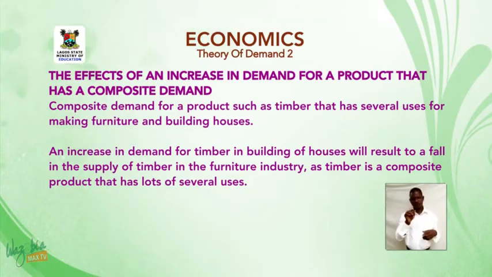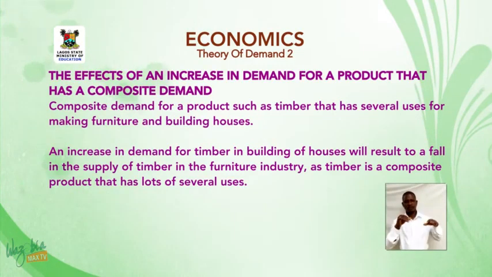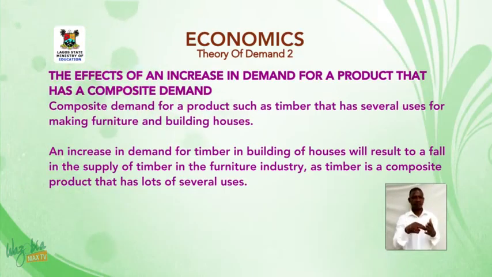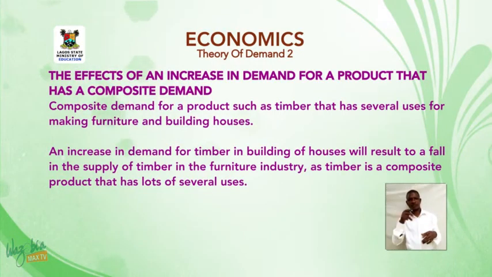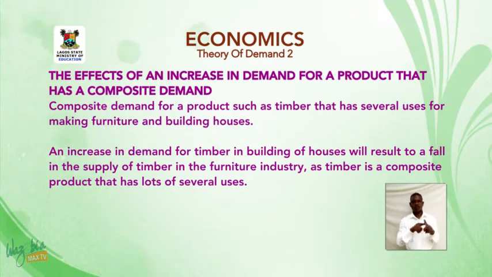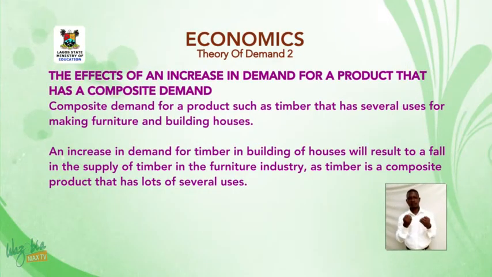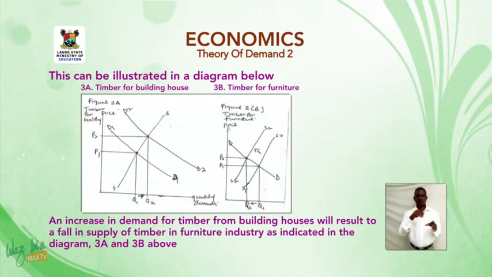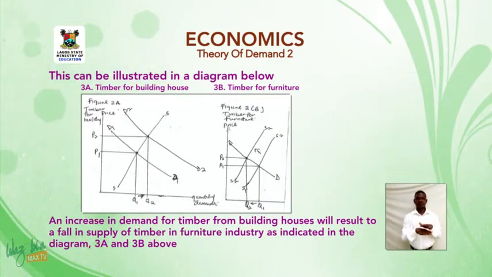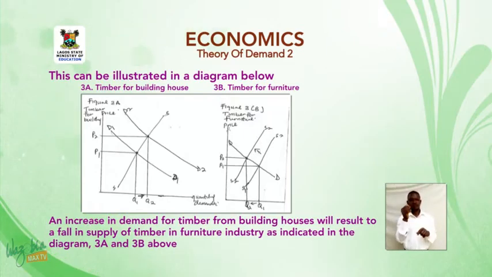An increase in demand for timber in building of houses will result in a fall in the supply of timber in the furniture industry, as timber is a composite product that has several uses. This can be illustrated in the diagram below.